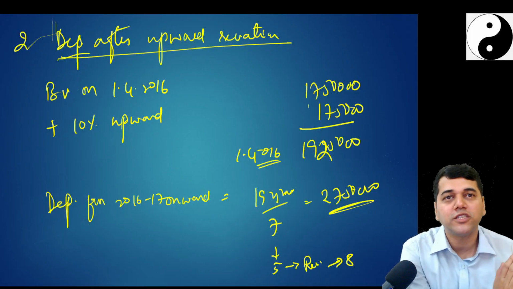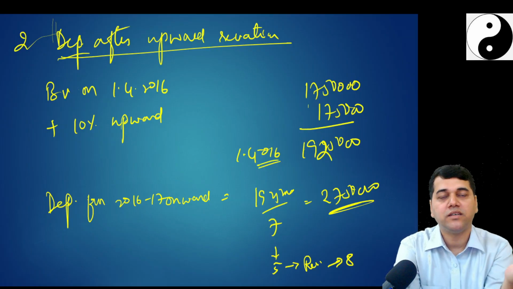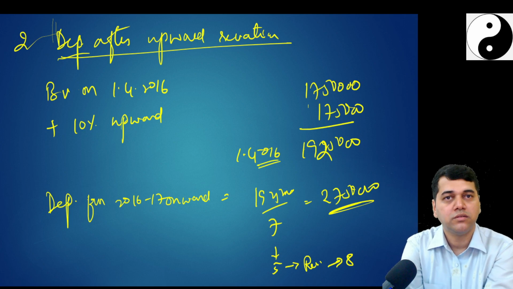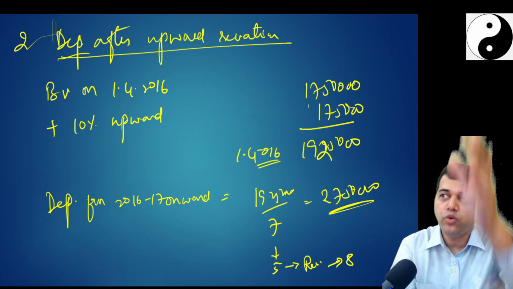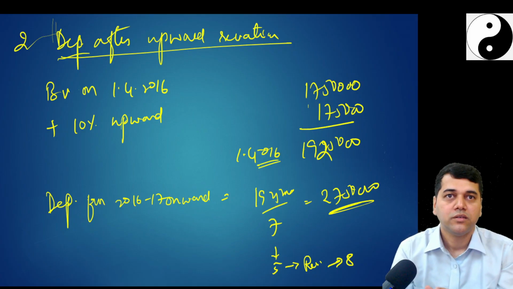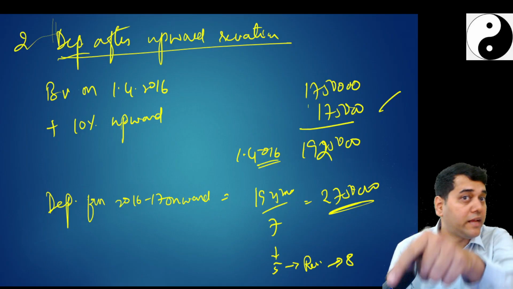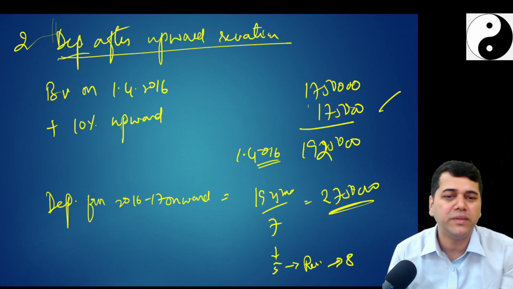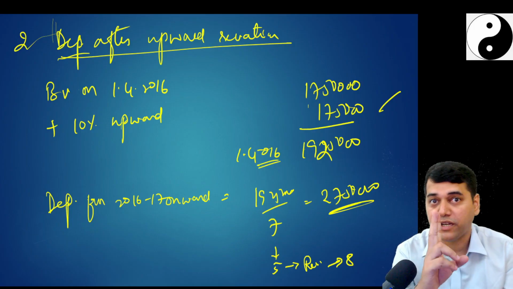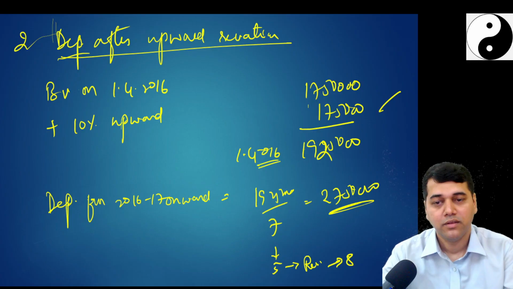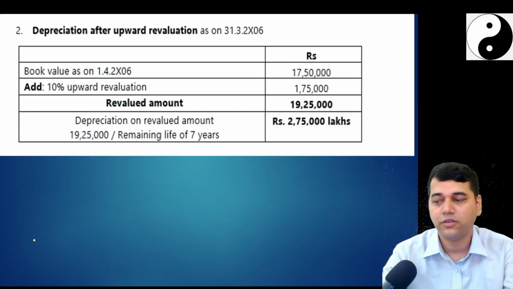Go in chronological order. What happened on day one? I purchased. Next years, nothing; depreciation is whatever it is. For the next 5 years, nothing happened. I do the revaluation at the end of the 5th year, 1,75,000, because all the information is given. Because of this, they told that there is a policy choice. If they had not told me, I would not have calculated the per year depreciation. Previously 2,50,000, now 25,000 extra. The change in the life we will see later; one by one we will address. So, are you clear? 2,75,000.